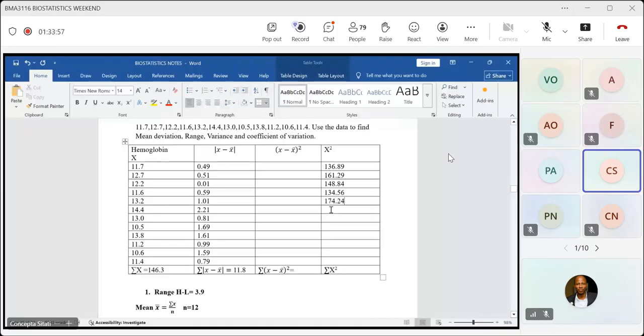The next one is 207.36. Then 169.0. Then 10.5 squared is 110.25. 13.8 squared is 190.44.